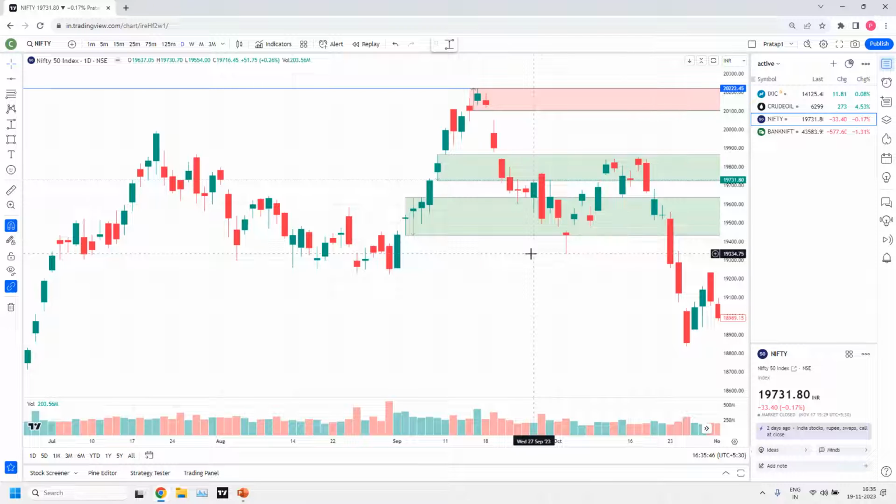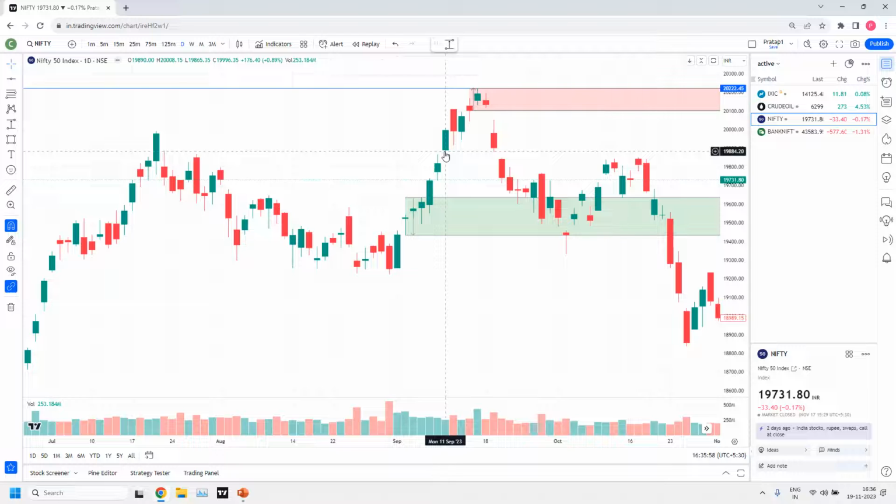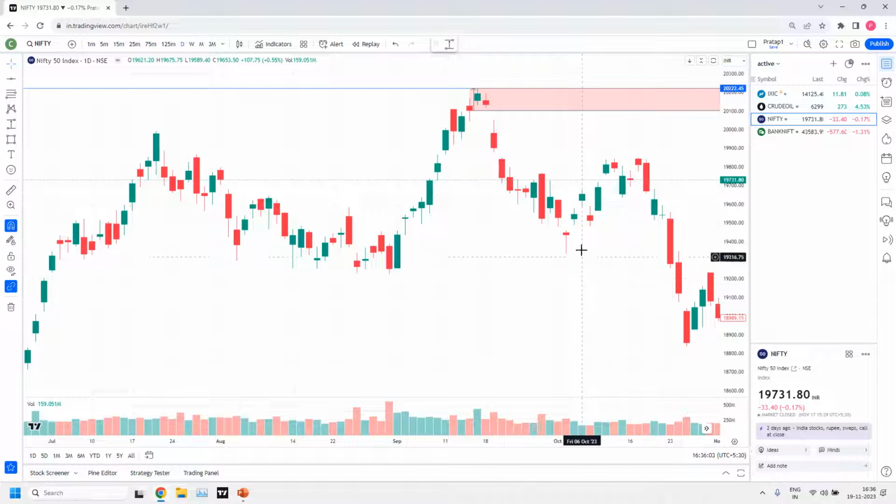Right? Okay, now the trend is downtrend. Now let me delete these demand zones. Now after this the trend is down.